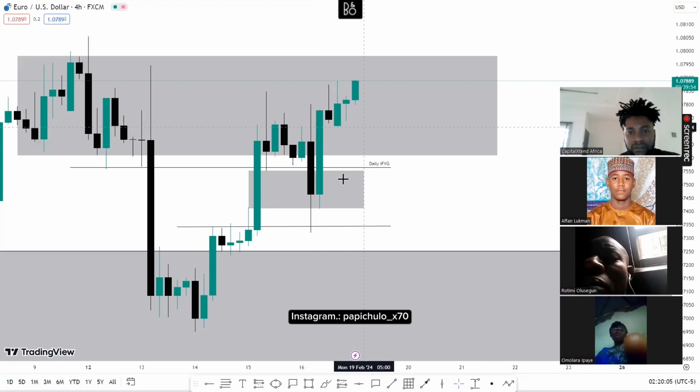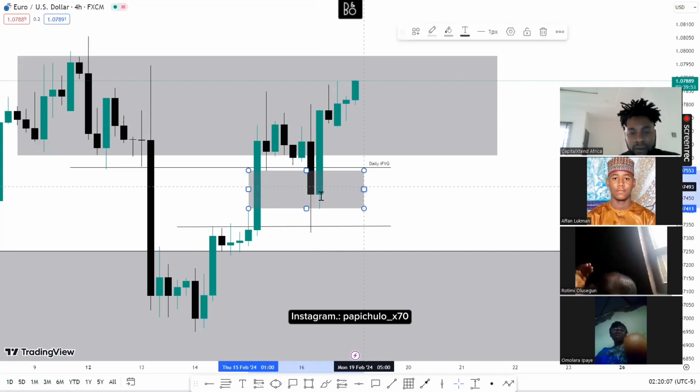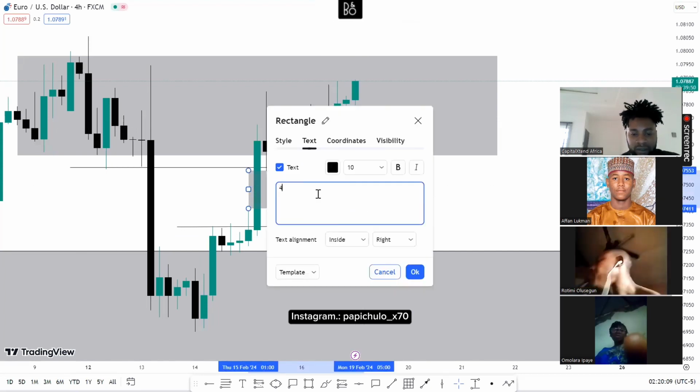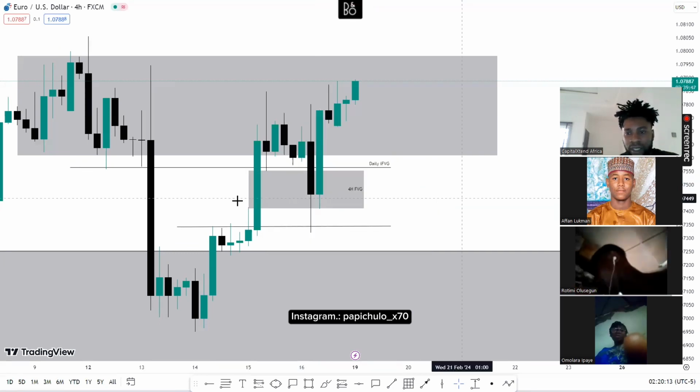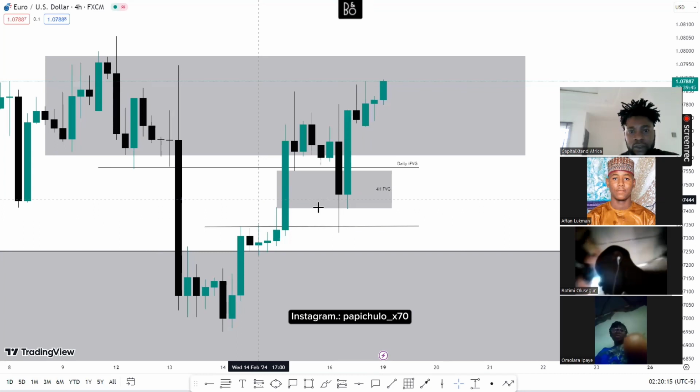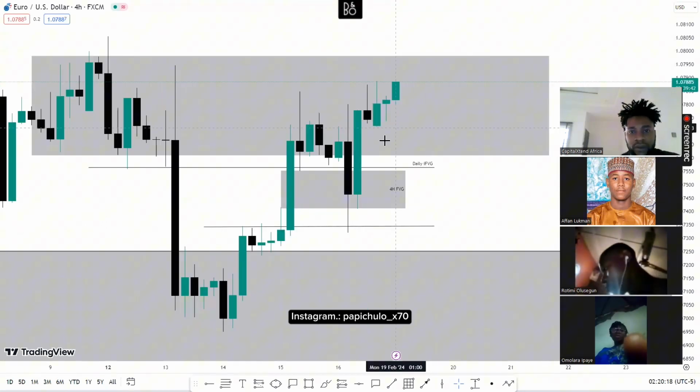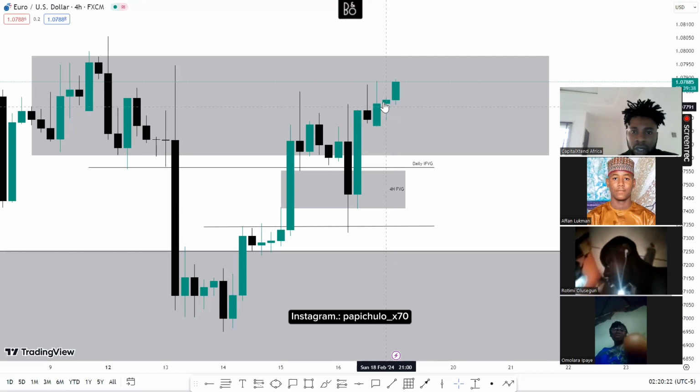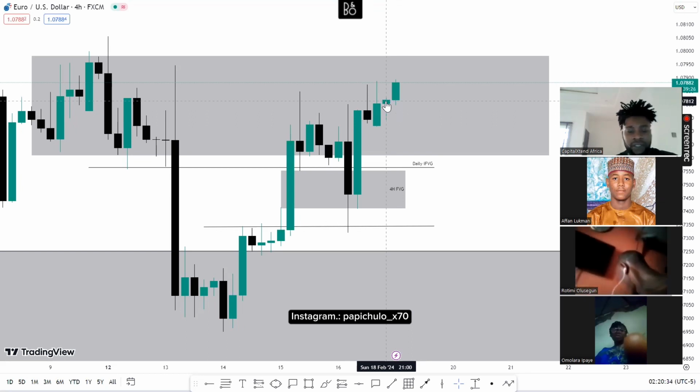We have this daily inversion still holding price, and this 4-hour holding price too. This move we are seeing now, I saw on the 30 minutes, and I got a confirmation from the 1 minute, but I don't want to go into the trade. I just want to stay and get a clear price delivery before I do anything.